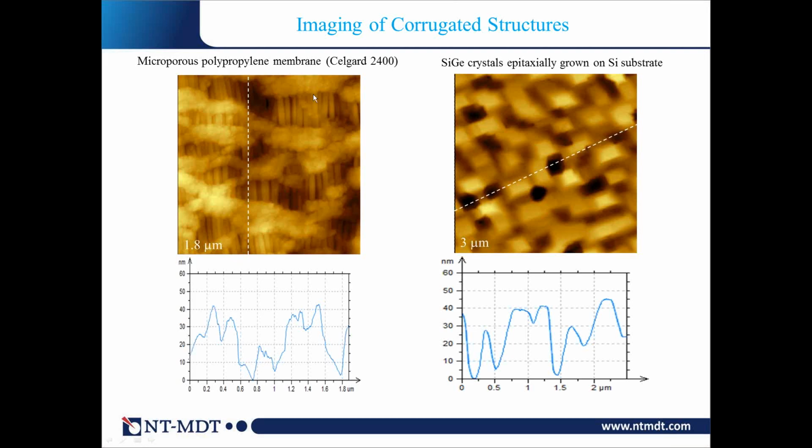This is the image of the microporous polypropylene membrane, 240. In this case, lamellar regions and fibrillar regions alternate in this material, and the spacing between the fibrils is actually the pores, which are used as a filter. Some molecules, because of their small size, go through this membrane, the others do not.